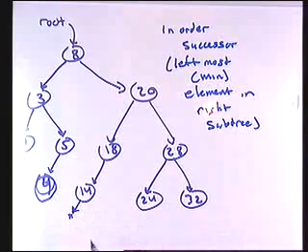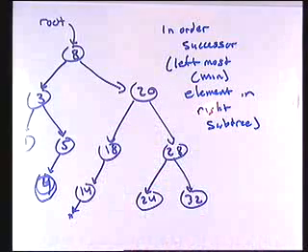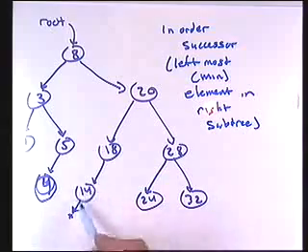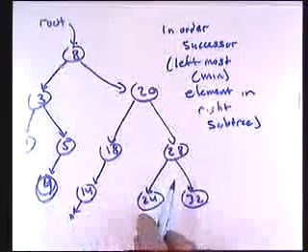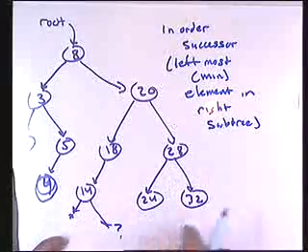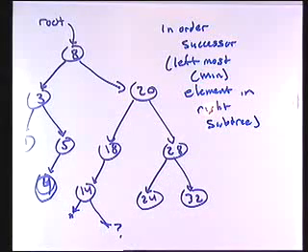If it had a left child, that would be less than 14 but still greater than 8 because it's in the right subtree, and therefore it would be the in-order successor. So the in-order successor, by virtue of being the leftmost or minimum element in the right subtree, cannot possibly have a left child. It might have a right child, but at most it's a one-child case, so I don't need to worry about endless recursion of the 2-child case.